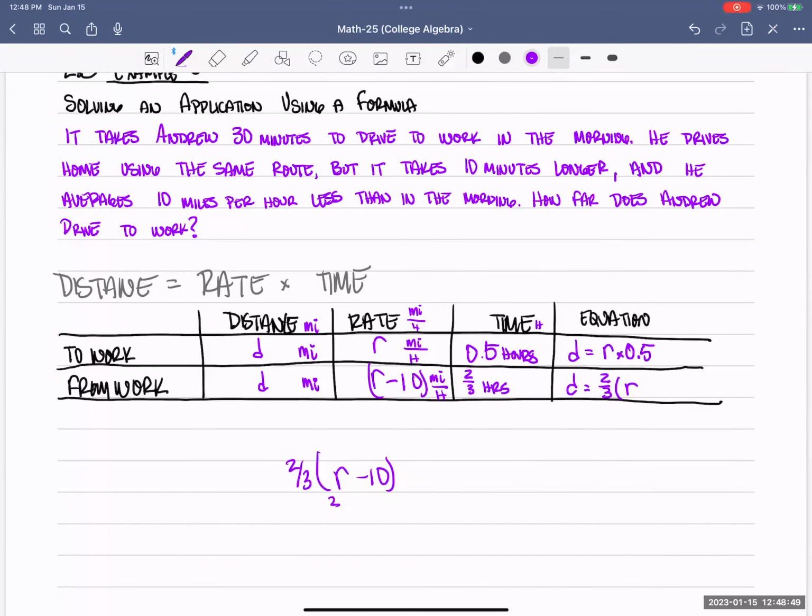So 2 over 3 r minus 2 over 3 times 10. You could just imagine that that 10 is over 1 and you can multiply across, leaving us with 20 over 3. Minus 20 over 3. And there we go.